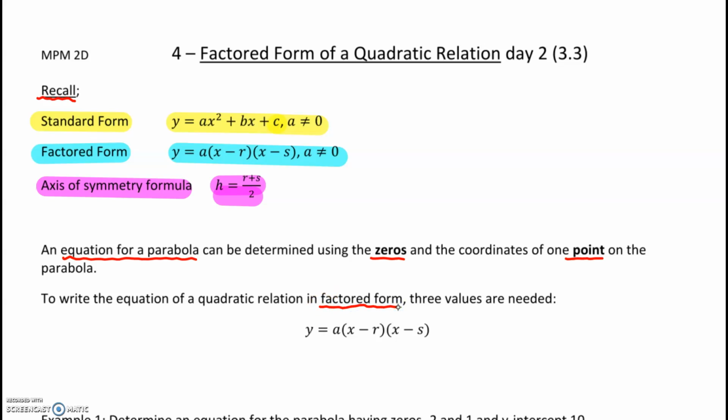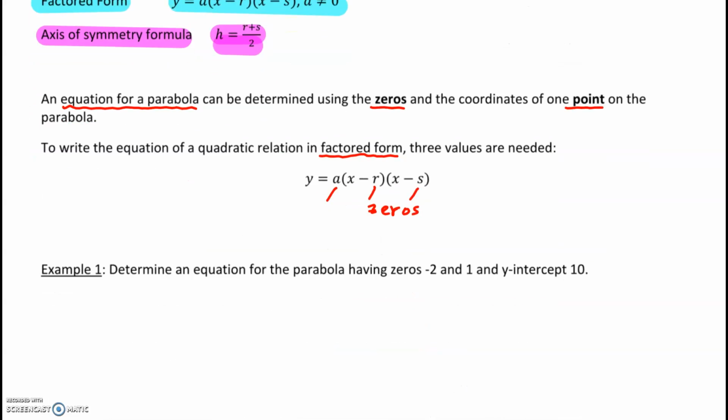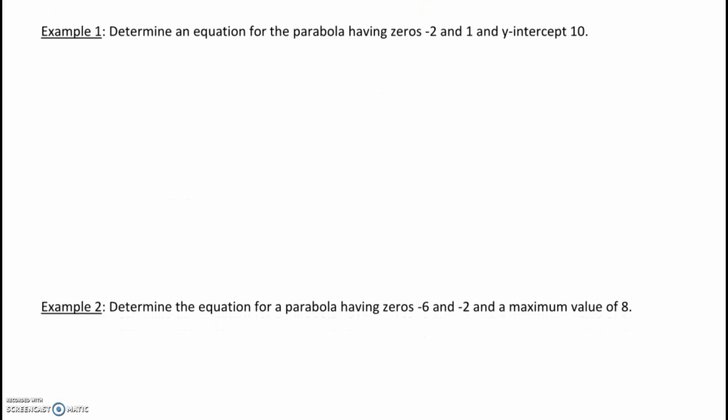If we're going to write the equation in factored form from the zeros and from 1 point, we need 3 values. We need the a value, we need r, and we need s. And remember that r and s are the zeros. If we have those 3 values, then we can easily sub them into the general form and get the equation of the quadratic. All right, let's look at our first example.